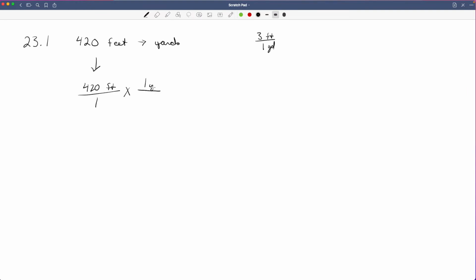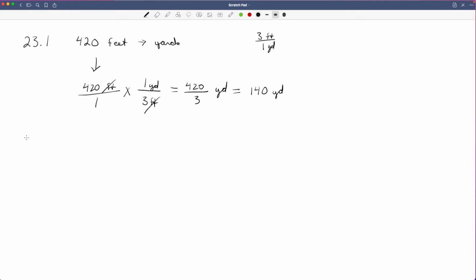So yard is going to go on top, and 3 feet is going to go in the bottom. So I can cancel feet, and now I can do the math. 420 divided by 3, and that's going to be yards. So I have 42 divided by 3 is 14. So 140 yards. That is my answer.